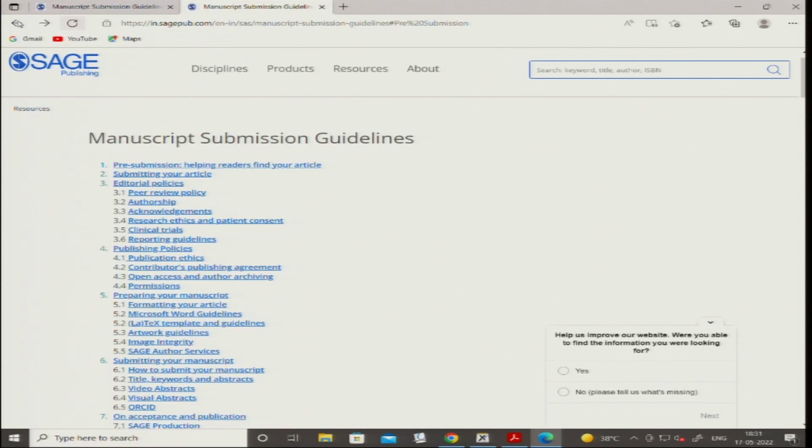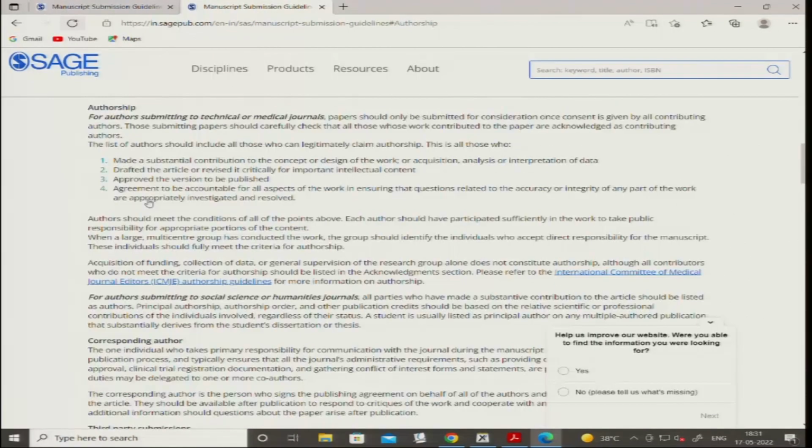What is the peer review policy? What is the process of peer review? Will it be a blind peer review or double blind peer review, and how many peer reviewers you require to submit while submitting the paper in the repository? What are the rules of authorship? How to make the acknowledgements in the paper? What are the research ethics and patient consent? So here you see the authorship rules are also given.